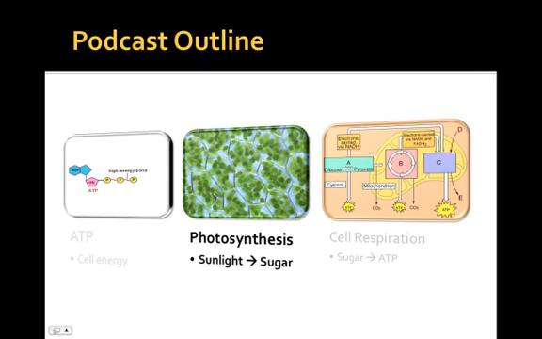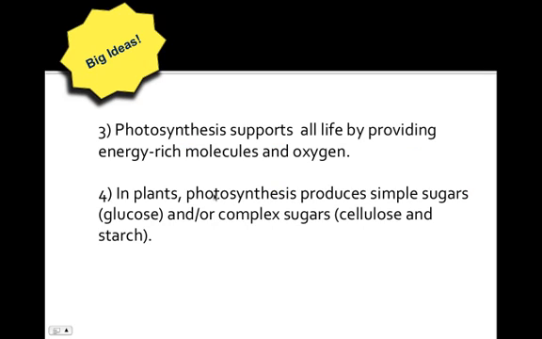Let's take a look at photosynthesis, which is one of the ways that ATP does get created. So understand that we all are on planet Earth, and we are alive due to the twin products of photosynthesis. First of all, there are energy-rich molecules, and then secondly, there's breathable oxygen. The atmosphere contains approximately 21% oxygen, about 77% nitrogen, and then there's some trace elements and other gases in the atmosphere.